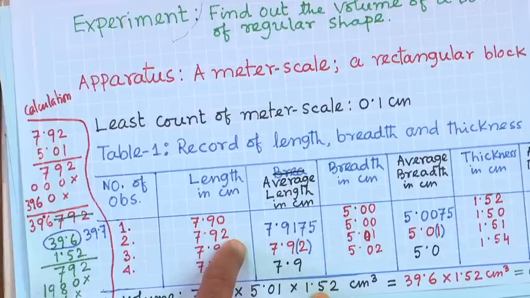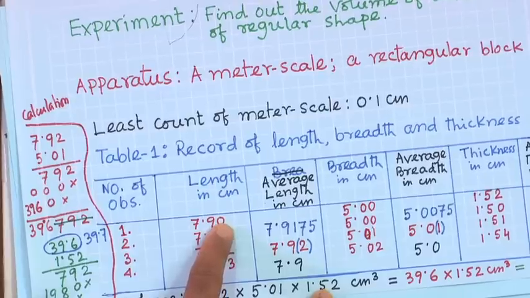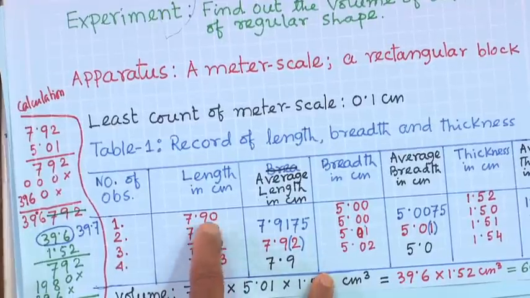This last digit, the second digit after the decimal, is called the doubtful figure. So, you are writing up to the second digit.